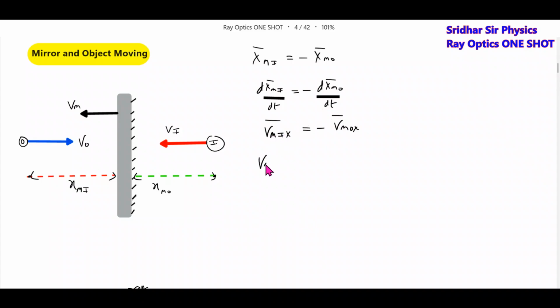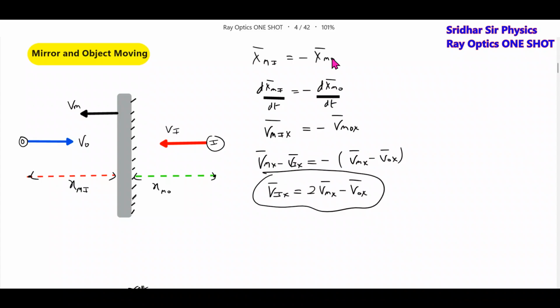So what is v_mo x? v_mx minus v_ox: velocity of mirror with respect to the x-axis minus velocity of object with respect to the x-axis, equal to v_ox. So we have to calculate v_ix. v_ix is equal to 2 v_mx minus v_ox. Okay, this will be the formula which you have to remember. What is v_mx? Velocity of mirror with respect to ground, v_ox velocity of object, and v_ix velocity of the image.